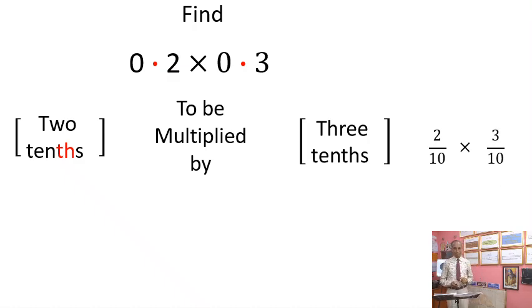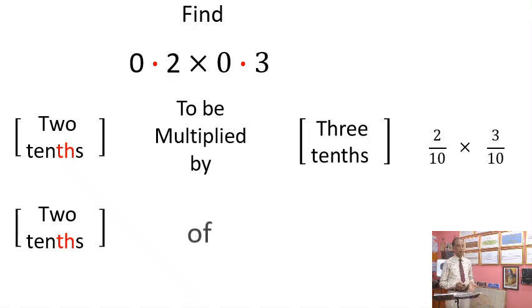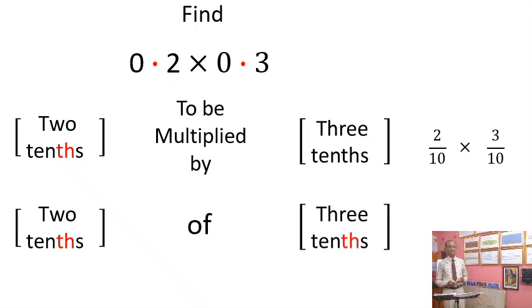We can also write this as 2/10 of 3/10. In two ways you can read that: to be multiplied by, or you can read it as "of".